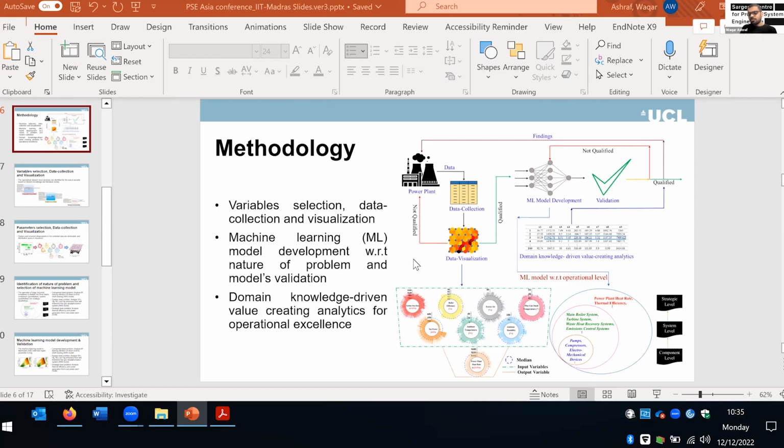The second thing is that this is a study for one power plant. When we have the data from the global scale, then we can say this model can be deployed for applications at the global scale. But specifically, this model is for one power plant.